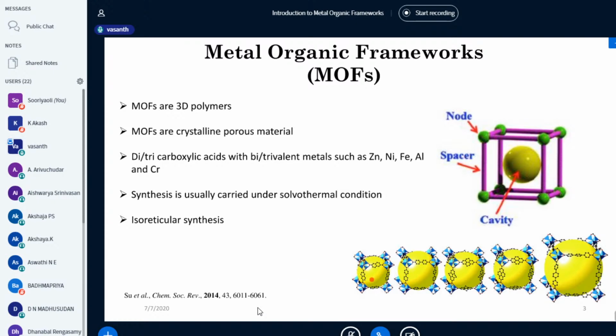The yellow color is the cavity inside the frameworks, and by keeping the cube-like shape, we can increase the size of the cavities. This is called isoreticular synthesis, and not many materials have such a property. It is one of the very interesting and important properties of a metal organic framework.